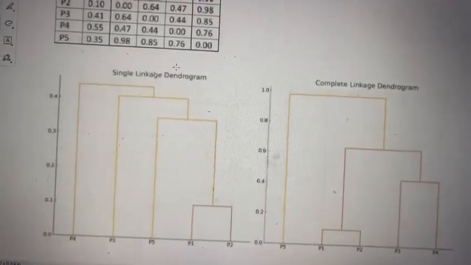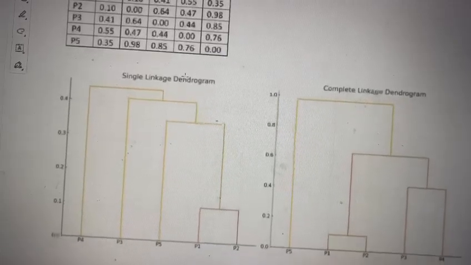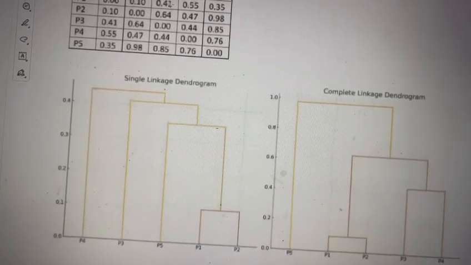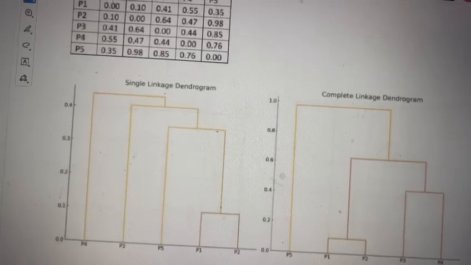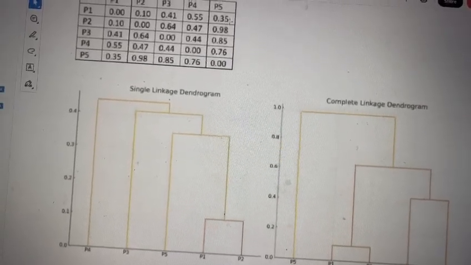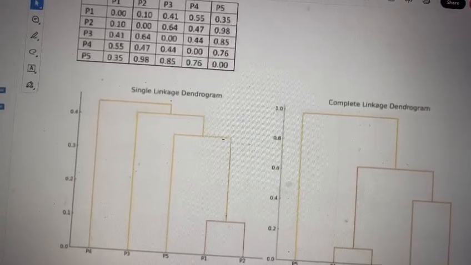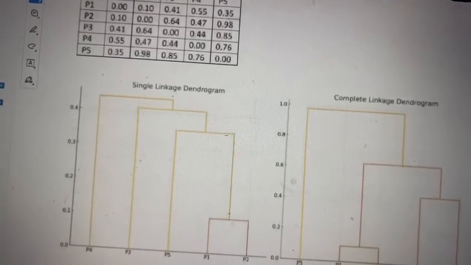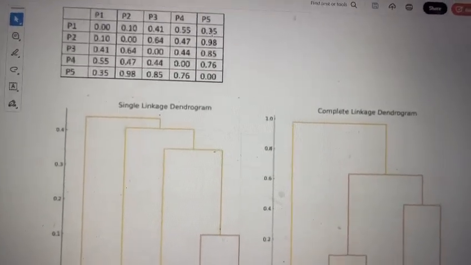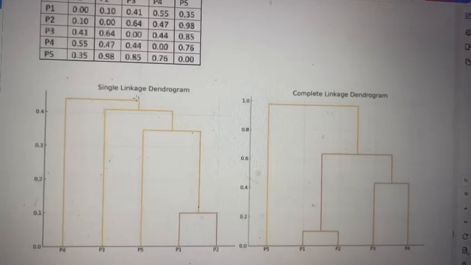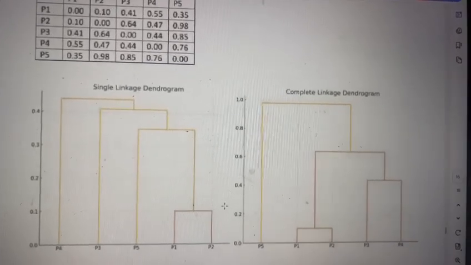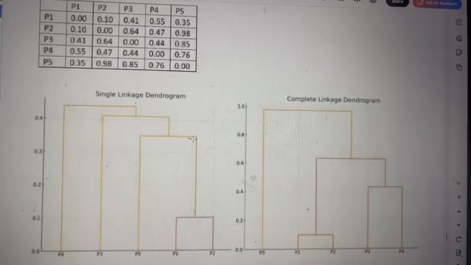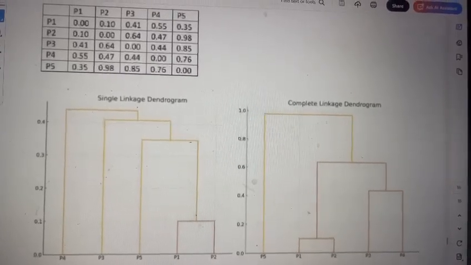Next, we have the distance to P3 is 0.41, P4 is 0.55 and P5 is 0.35. Now what we are going to do, we will be taking P5 next because this is the next nearest point. So the distance from P1 to P5 is 0.35, and we have drawn a link from P5.